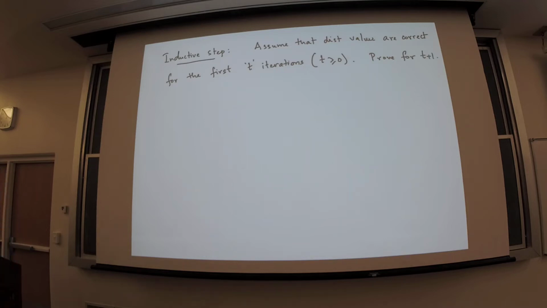So you assume that until step t you are correct, and you would like to show it for t plus 1.